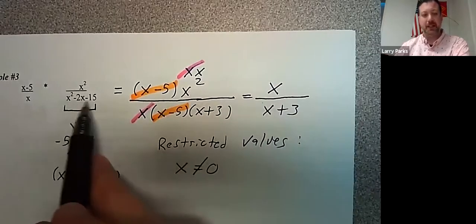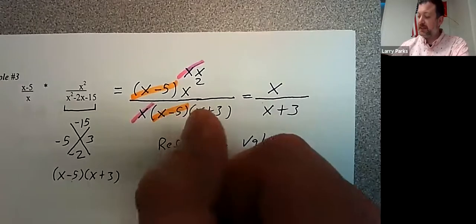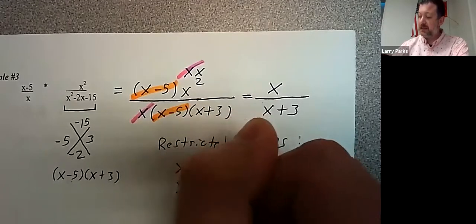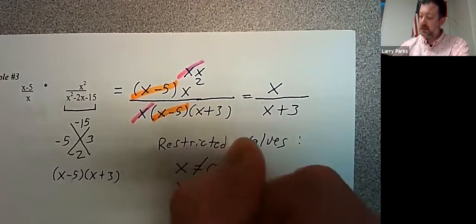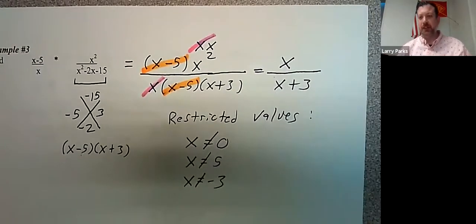And then what makes this 0 is when X is 5 and when X is negative 3. So I'd say the domain is all real numbers except for 0, 5, and negative 3.